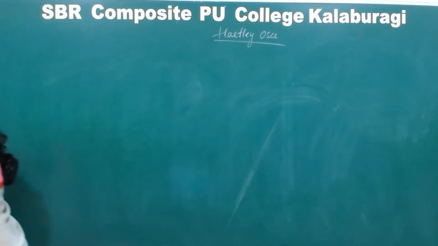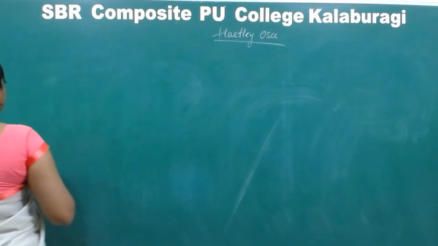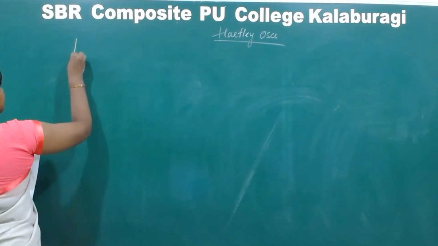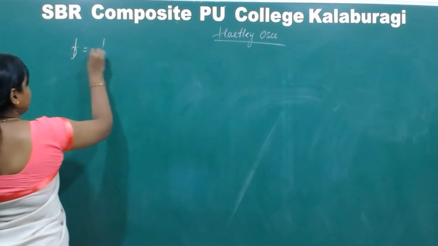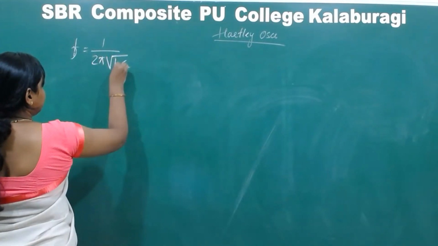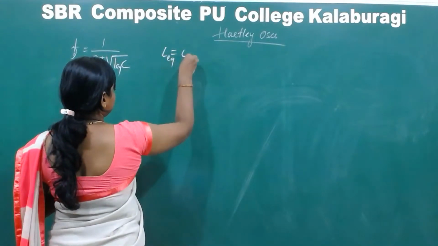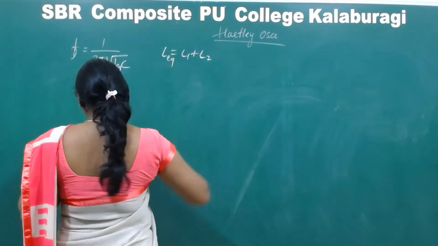Now we'll take one numerical on the Hartley oscillator. The Hartley oscillator frequency is given by 1 by 2 pi root of L equivalent into C, where L equivalent is equal to L1 plus L2.